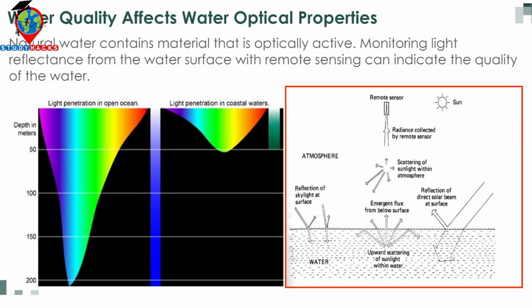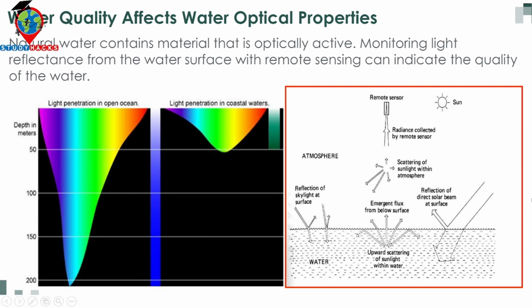So now you can see mainly how it works for water quality in remote sensing. Basically, in the water we find some different types of material. Suppose it can be turbidity, or total suspended solid, or any kind of material. So when the water body has this type of material, natural water contains material that is optically active, and we monitor the light reflectance.